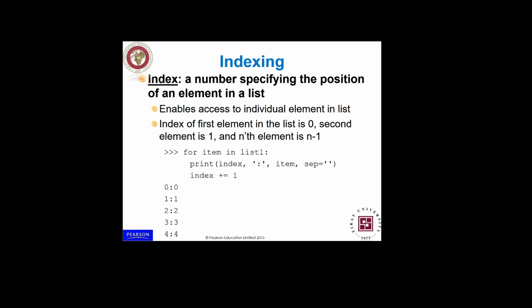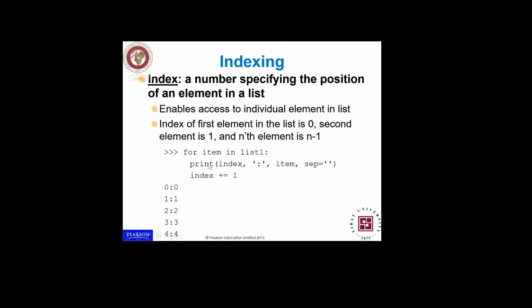Here we have an index starting with 0 for the first element, and then the offset increments by 1 each time. So the first element in a list is indexed by 0, the second element 1, the third element 2, and you keep moving. The last element is the size of the list minus 1. That is how we index elements in a list.